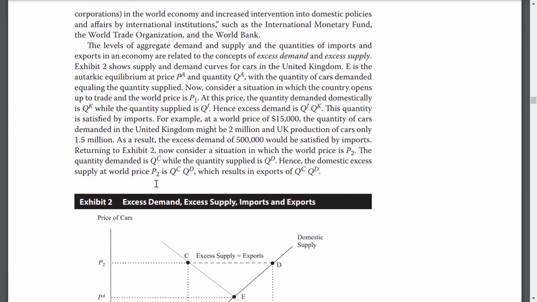Now consider a situation in which a country opens up to trade and the world price is P1. At that price, the quantity demanded domestically is larger, while the quantity supplied is QJ. Hence, excess demand is as such. So here's the illustration.